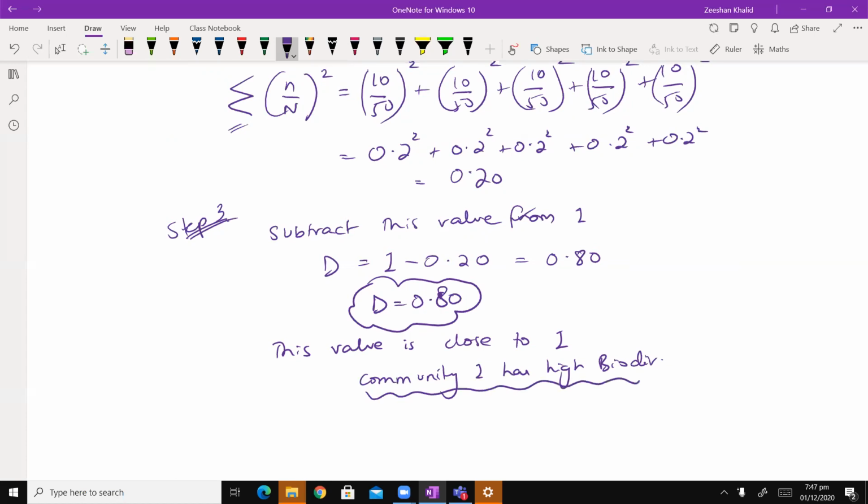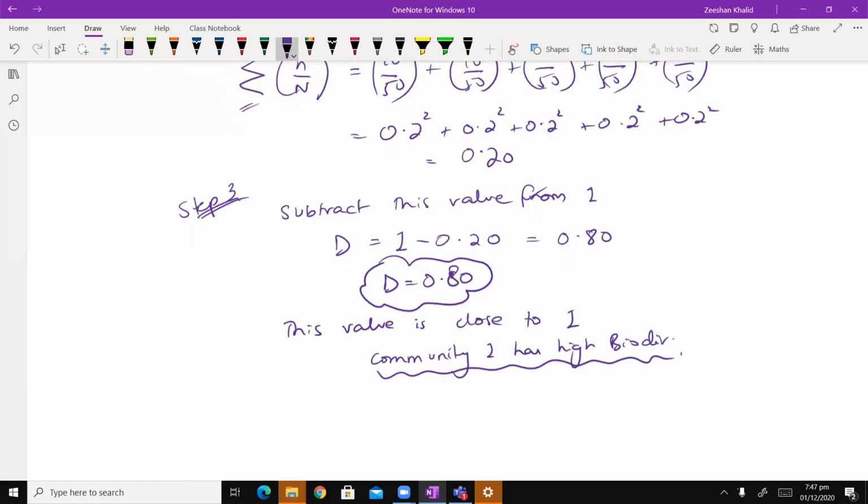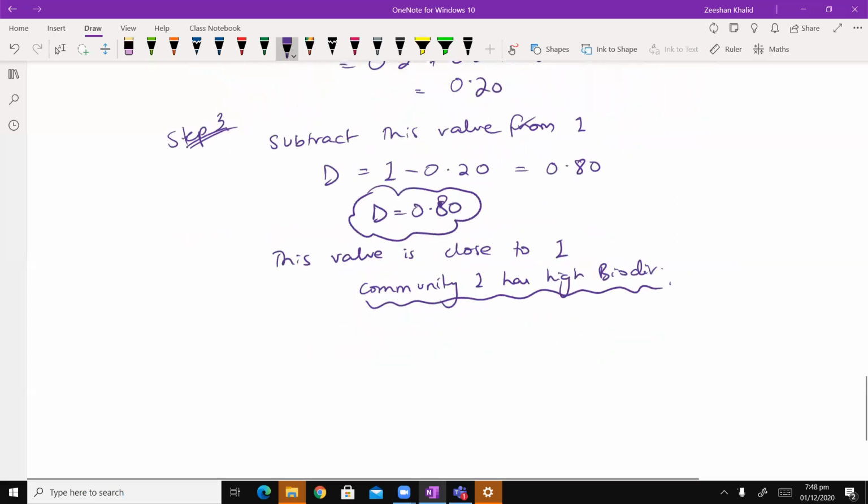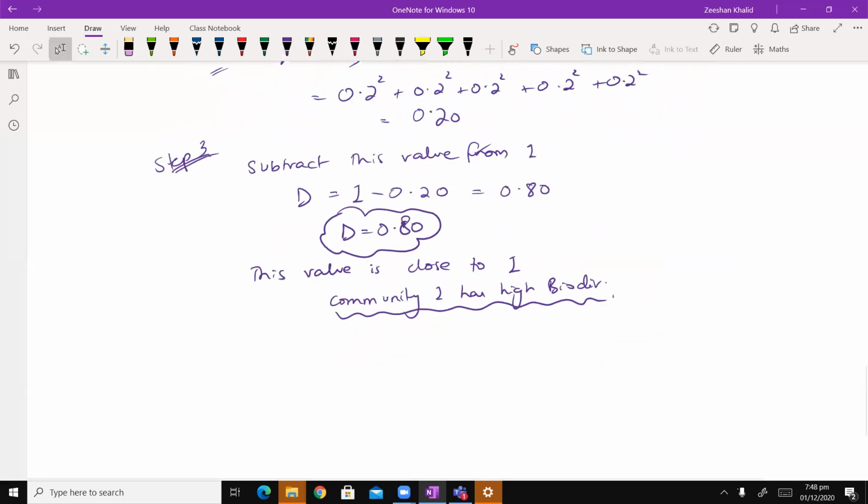So we can clearly see how we have used this formula to quantify and tell that this has high biodiversity. If you repeat the same steps for community 2, let me quickly do it for you and see what the value sums up to. Again, summation n over N whole squared, and that will be 1 over 50 whole squared.